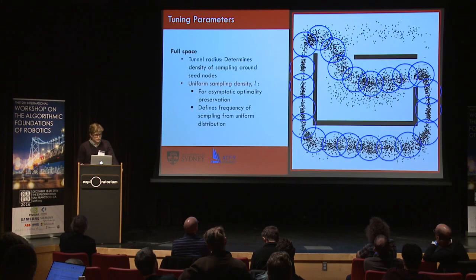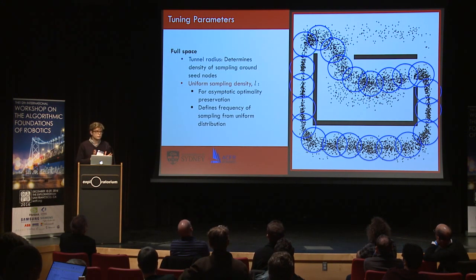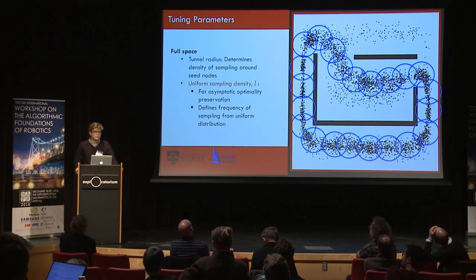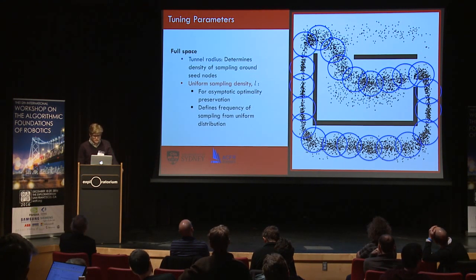And then we also have two other tuning parameters in our full space. One we call the tunnel radius, which defines how focused the search is around the biased paths that we found. And then we have a uniform sampling density parameter, which allows us to obey the asymptotic optimality guarantees presented in the FMT star paper.